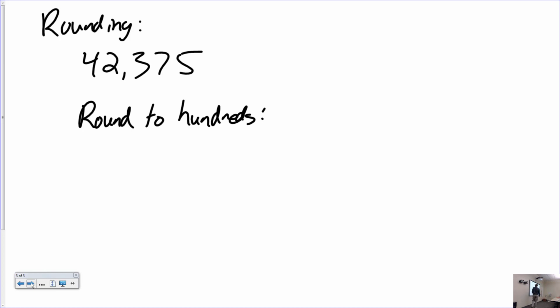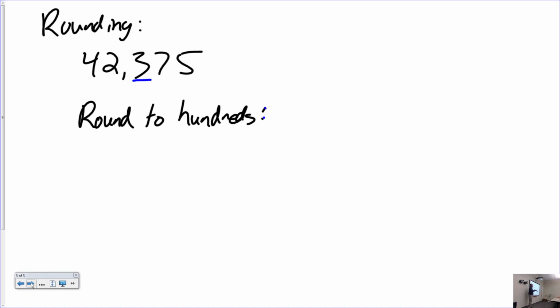What would this be rounded to the hundreds? First off, what number is in the hundreds place up here, folks? Okay, good. All right, so there are the hundreds. Now, how do I round that number correctly?